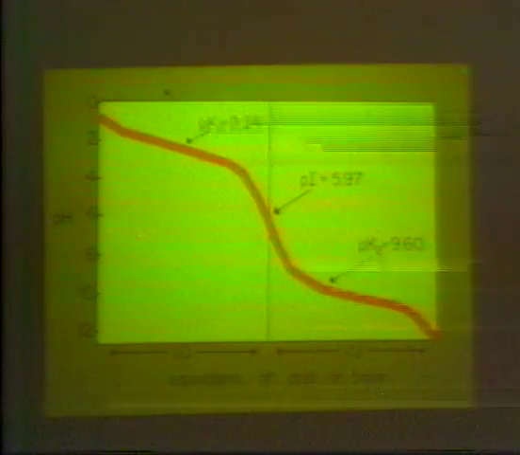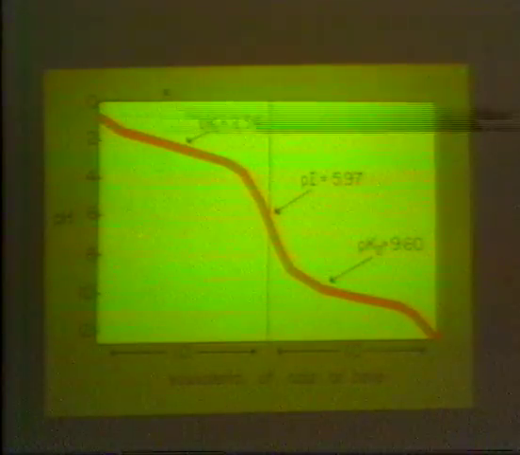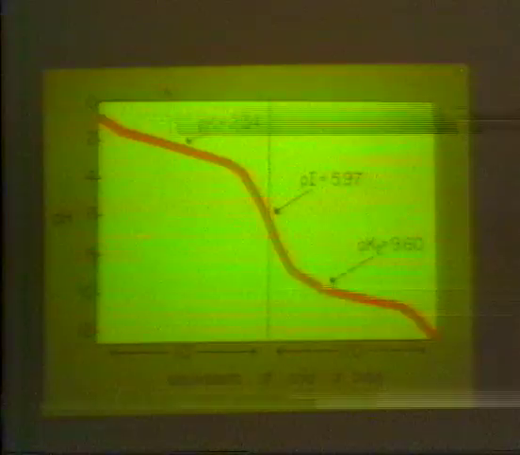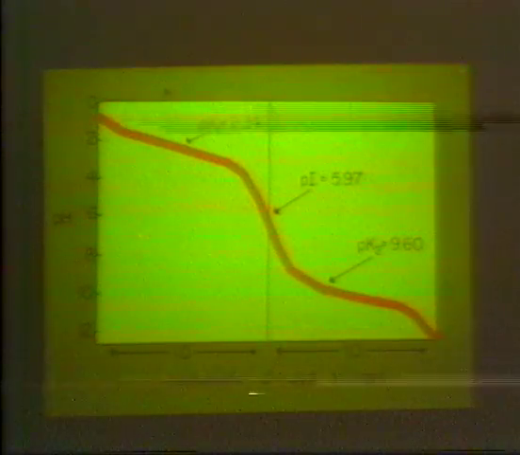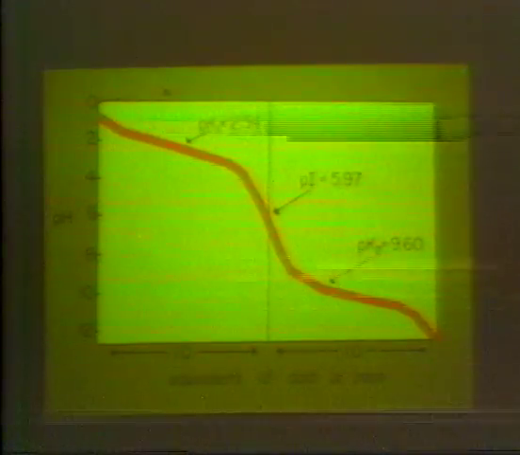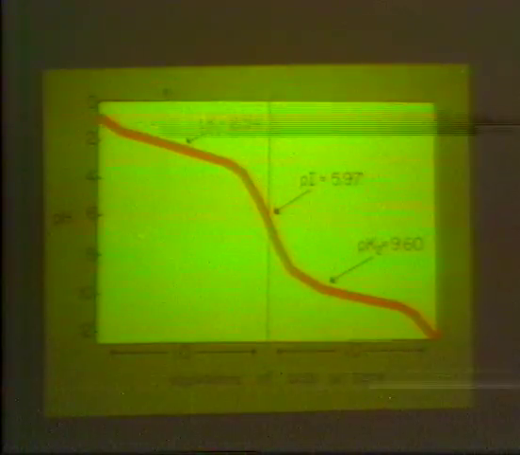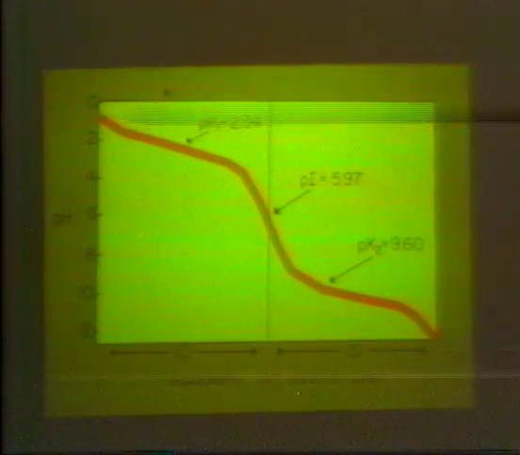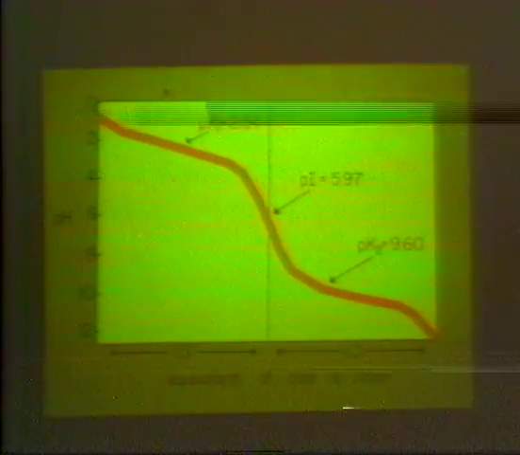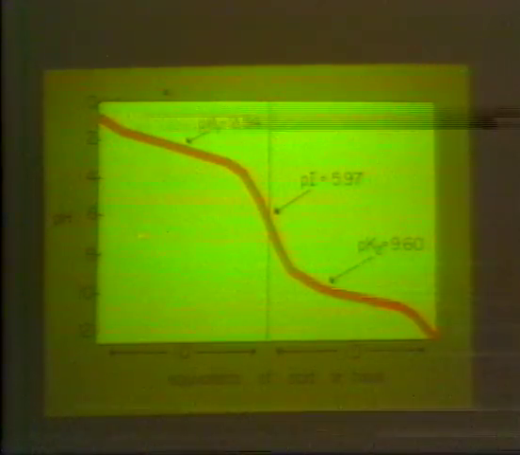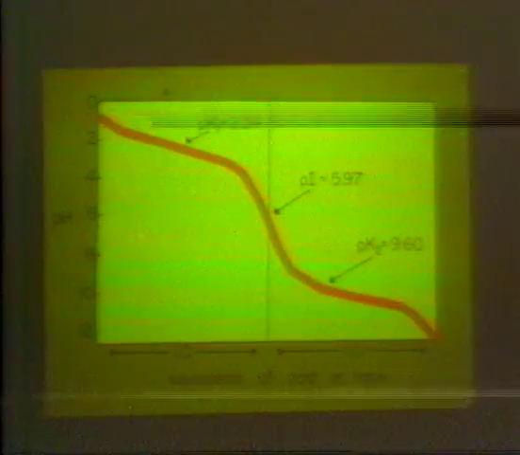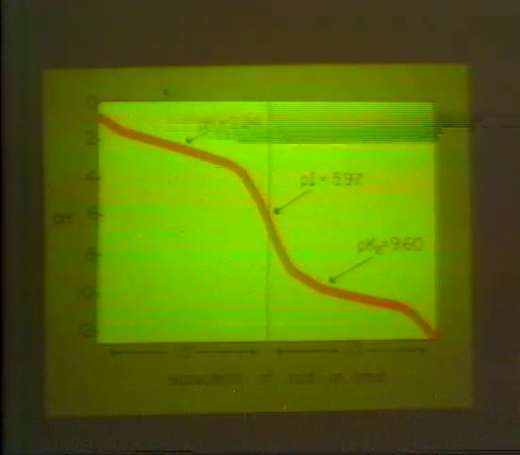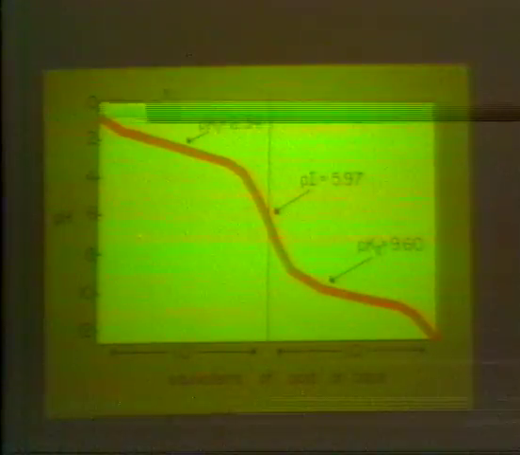In this titration curve, this is only a graphic representation of the kind of information as is presented with just the tabular information of the pKs involved with glycine. This does not actually tell any more than the pK values, and yet in a graphic form, perhaps it becomes more meaningful.